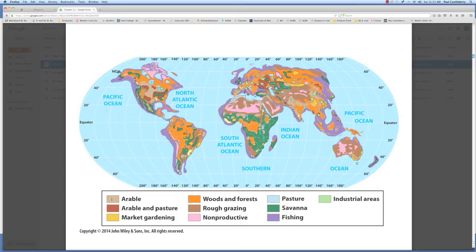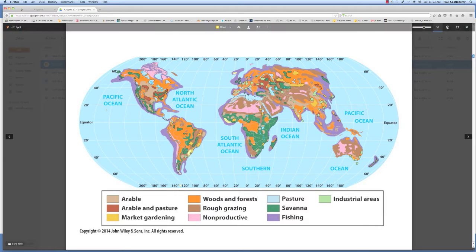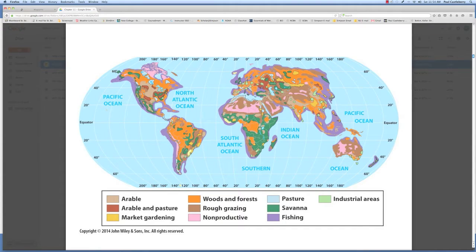Well, it doesn't take long, does it, to see. Check this out. North America, specifically the U.S. and southern Canada, as I'm outlining here, the Midwest, the breadbasket of the world, has some of the most fertile soils, and a large degree of that has to do with the glacial period that we had.